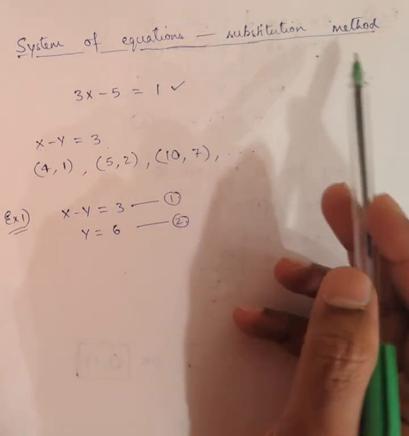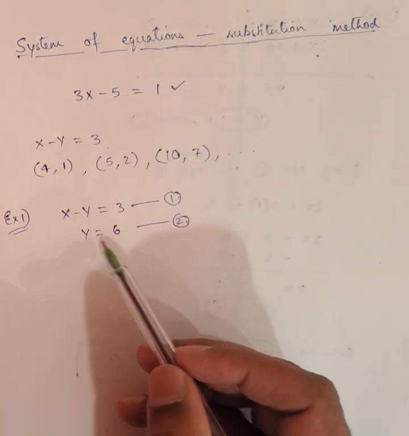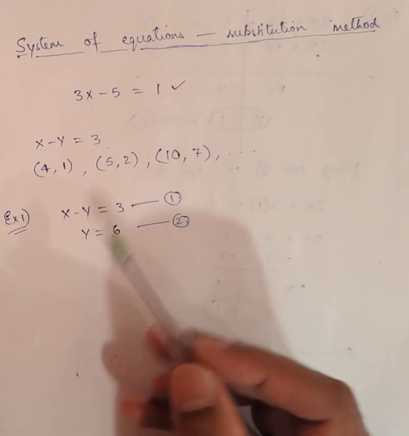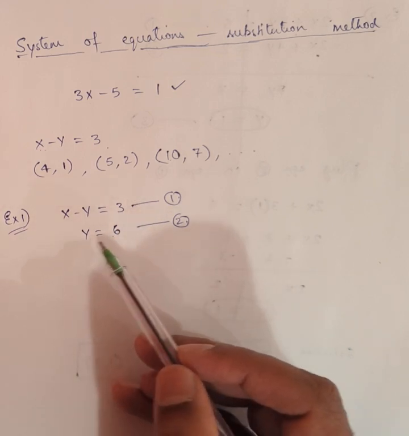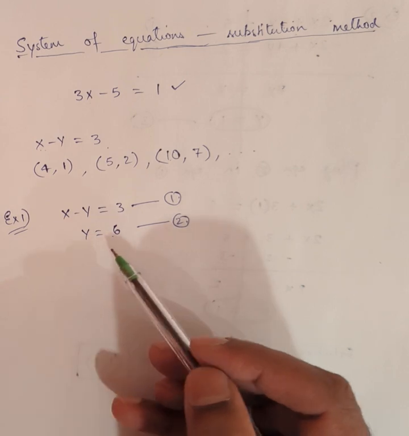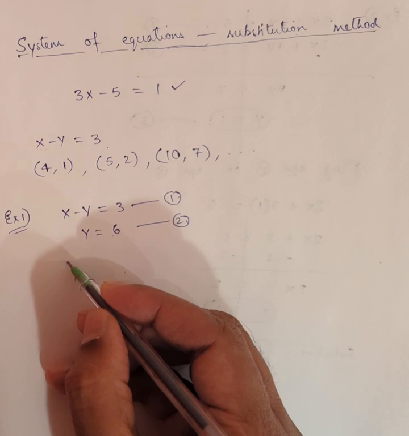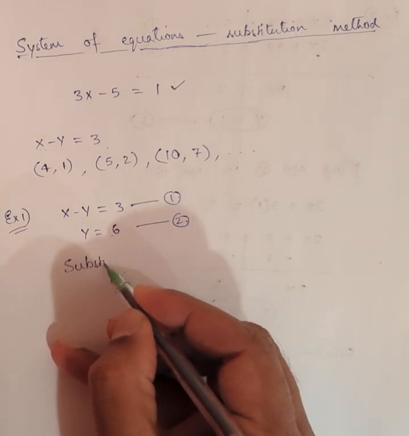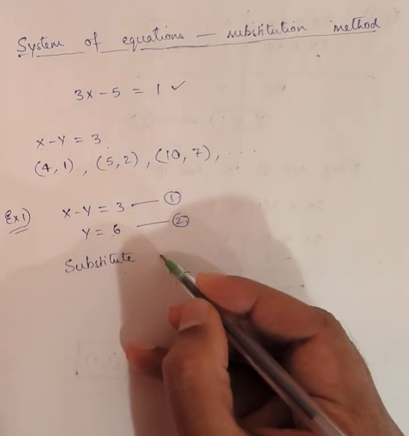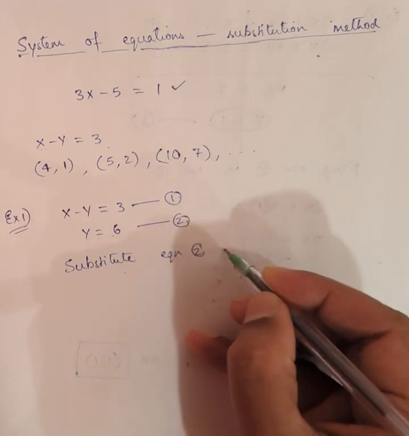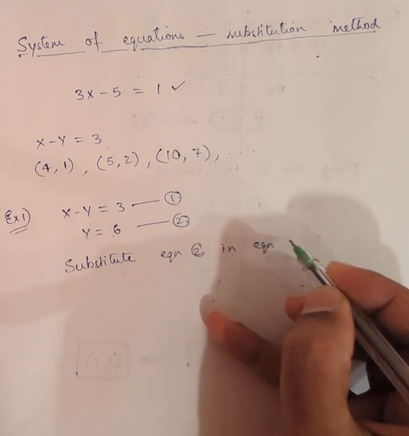Now, as the name suggests, what you do is you substitute one of the equations into the other. In this case, equation 2 appears simple because it has only one variable. So I'm going to substitute equation 2 in equation 1.